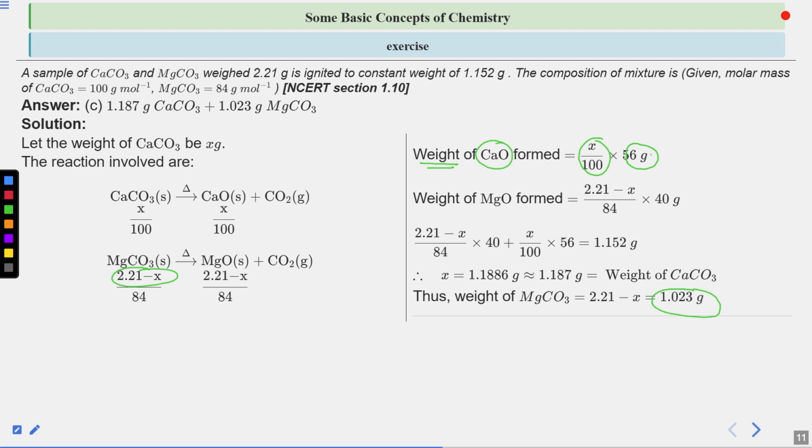The molar mass of calcium oxide is 56 grams. This comes directly from our very useful formula: number of moles is equal to given mass by molar mass. Yes, you have written it very correctly, Gurangi. Therefore, given mass can be calculated as molar mass multiplied by the number of moles. Yes, these are the molar masses.